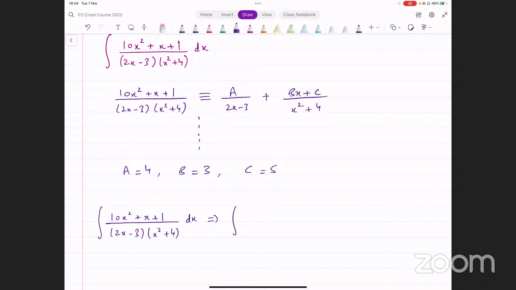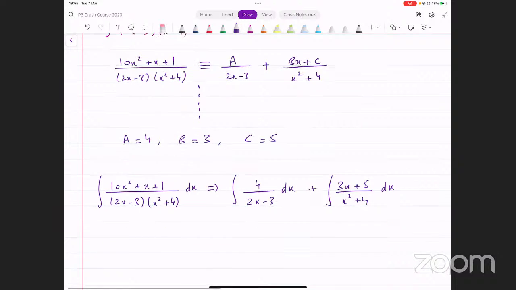It's the integral of A over 2x minus 3, which is 4 over 2x minus 3, integrated separately, and the second integral is Bx plus C, that would be 3x plus 5 divided by x squared plus 4. These are the two fractions you get after doing partial fractions, and now you have to integrate them separately.